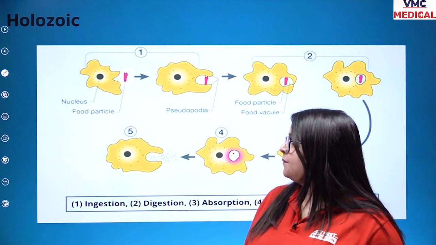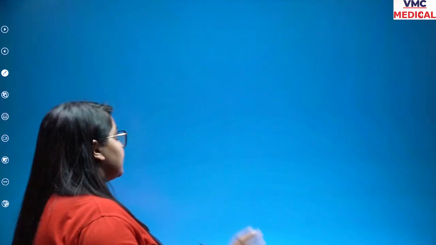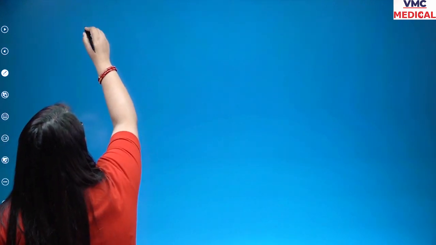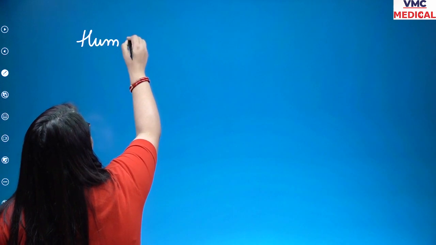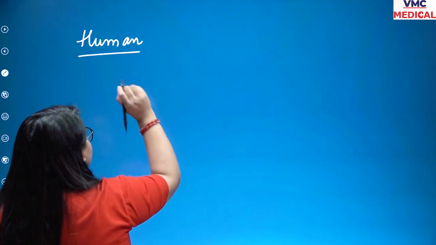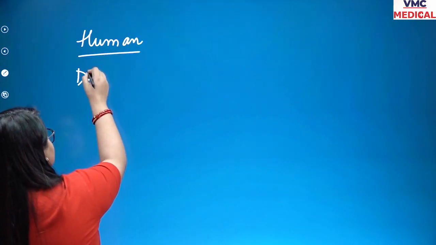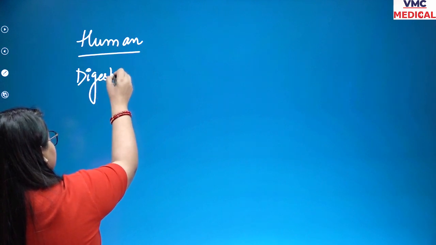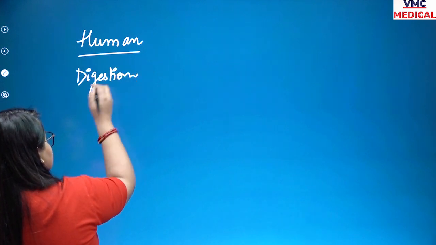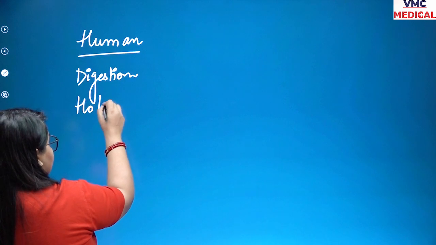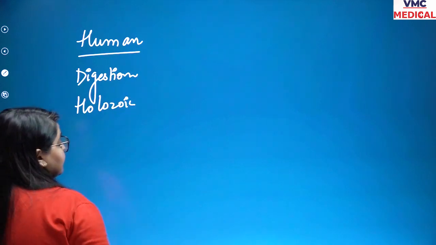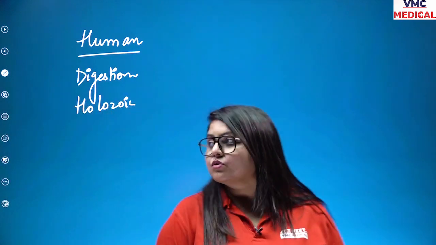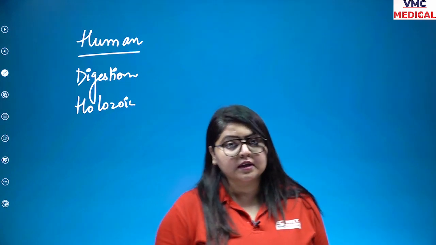Hopefully that is clear. Now talking about something which is happening in the human body. The same thing is happening in our body also. In human beings, if I say digestion, how does this digestion happen? This digestion is also holozoic. We also follow the holozoic mode of nutrition, right?